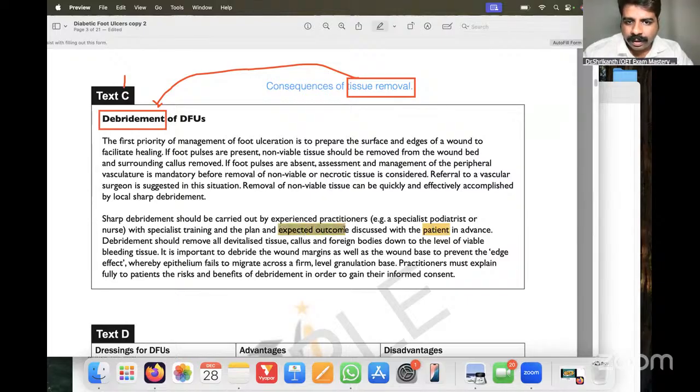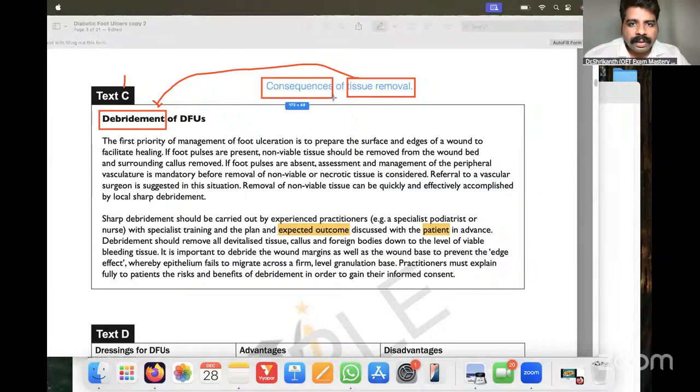Now you see over here, expected outcome is another synonym for consequences, right? So here, consequences and expected outcome. As you can see, there is a direct connection over here. The patient is also of high importance.